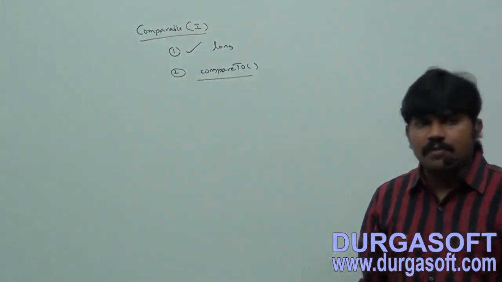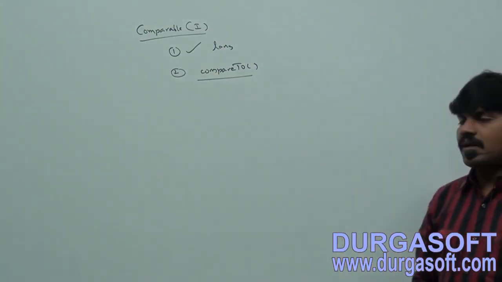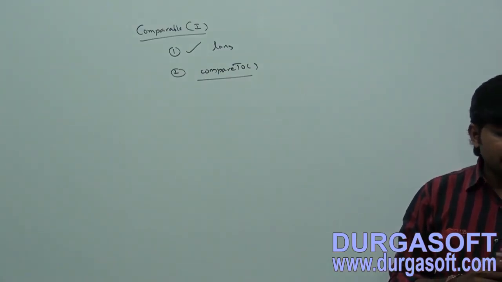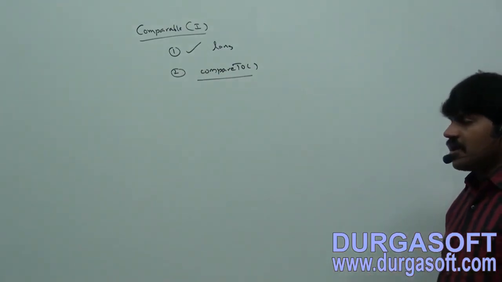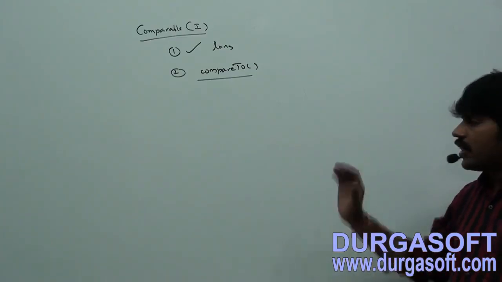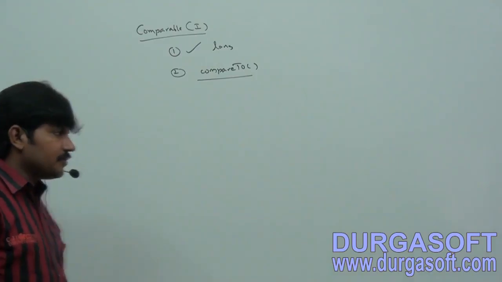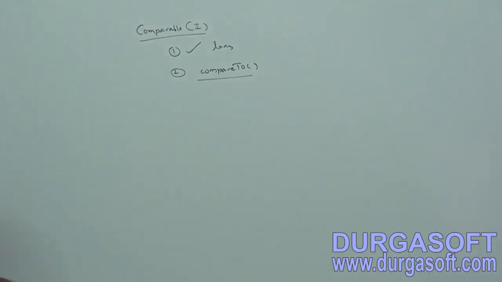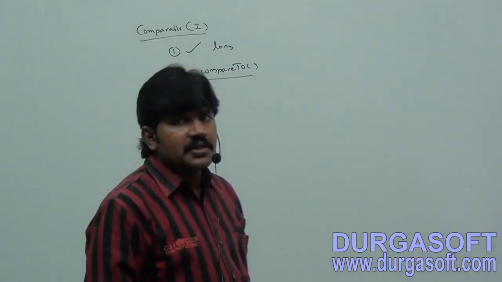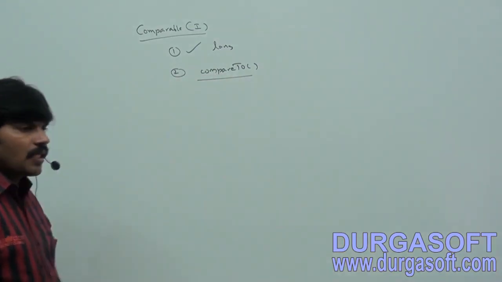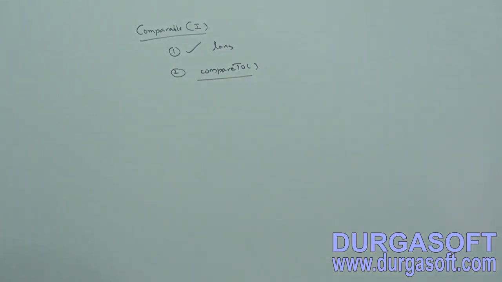Now we have to talk about the Comparable interface. It is present in the java.lang package, and it contains only one method.